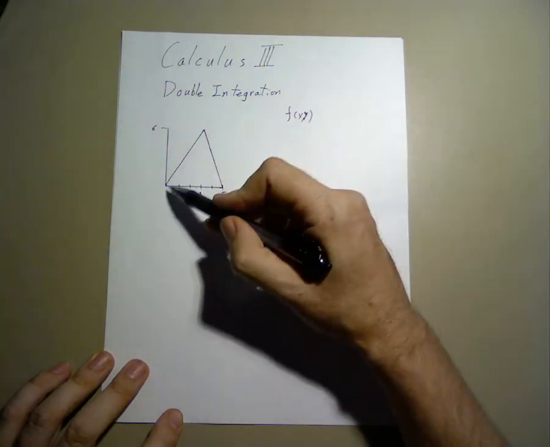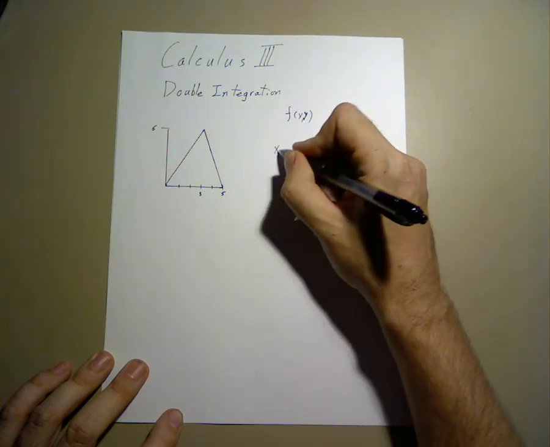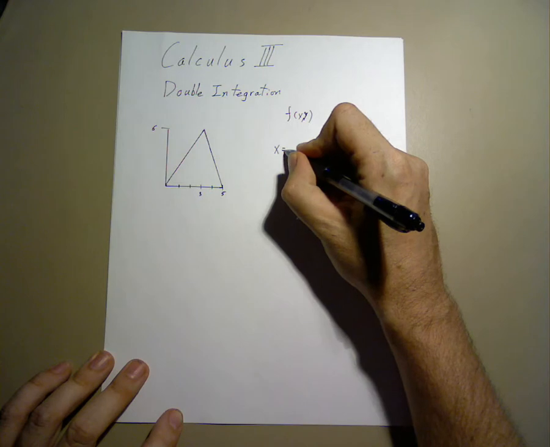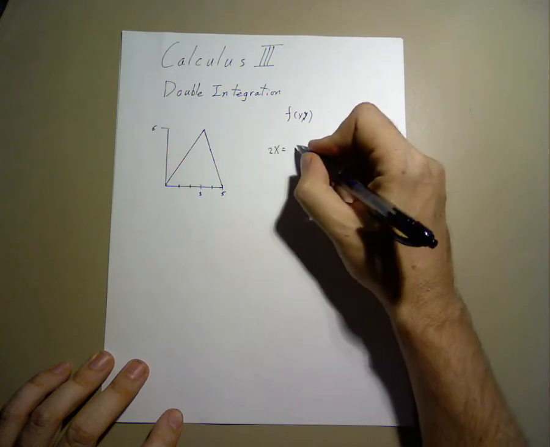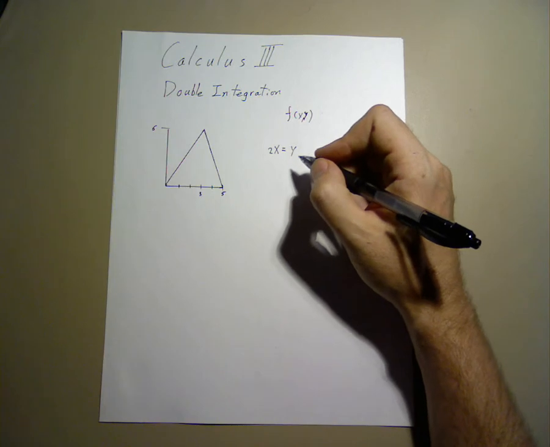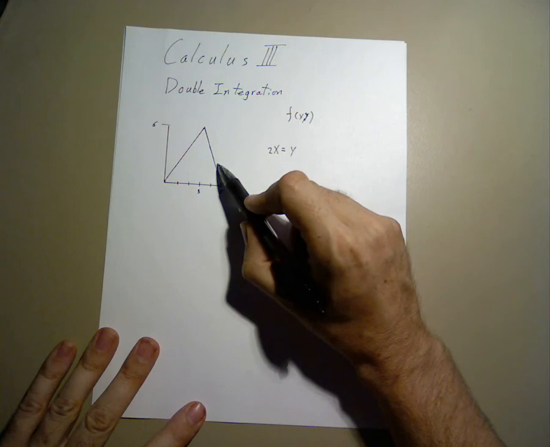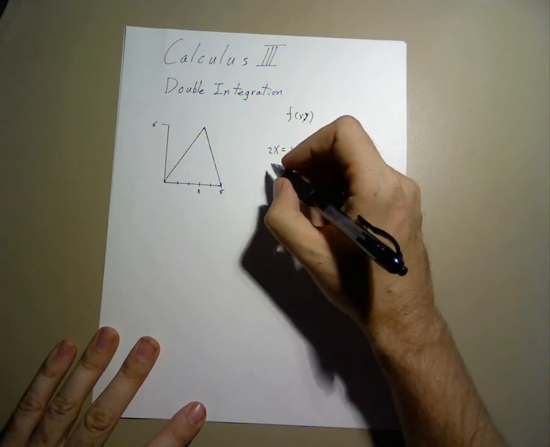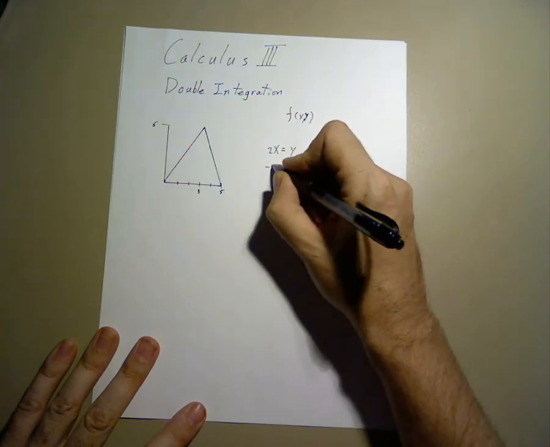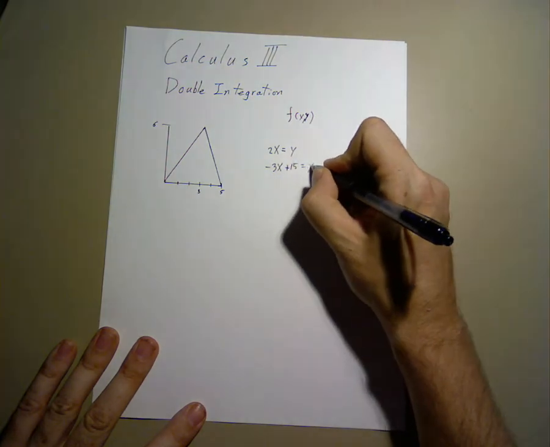Our first line, if we work it out, is 2x equals y. The other line is minus 3x plus 15 equals y.